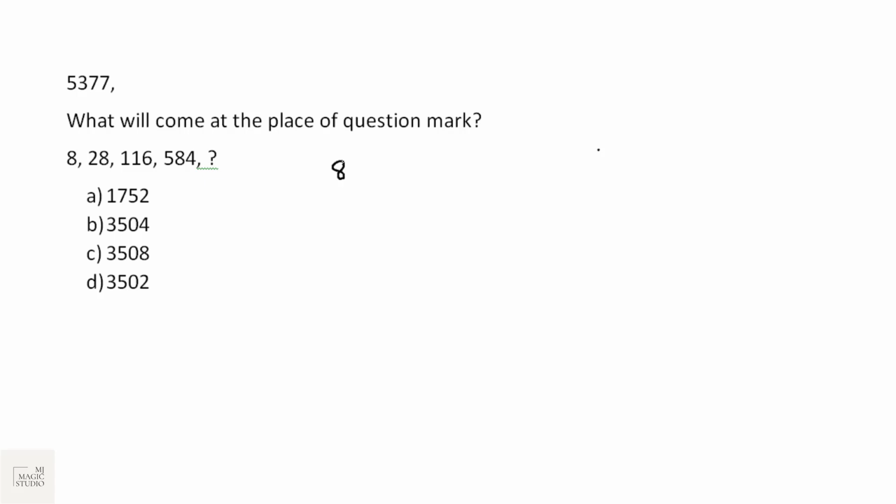Okay. So we have 8, 28, 116, 584, and then next. In these kinds of series where the differences are not going to match, we can form a difference table which may go up to 2 or 3 levels, but we can try something else, like 8 into 4 is 32, but not 4. 8 into 3 is 24.